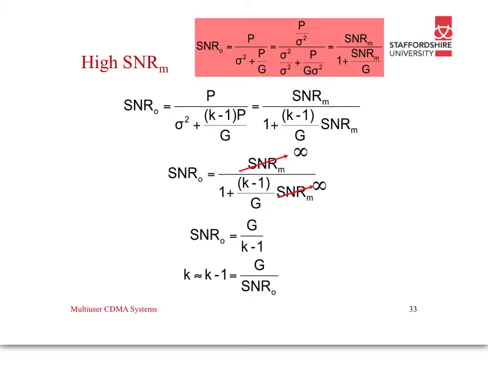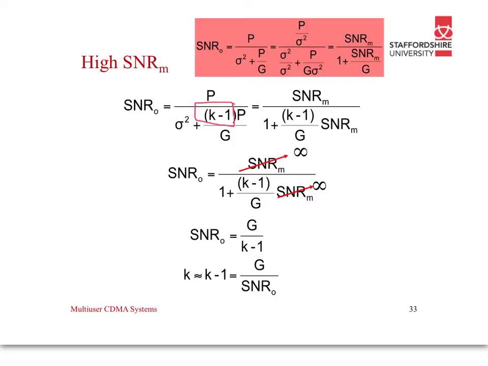The multiple access interference is now given by the number of users, K, take away 1. The reason it's take away 1 is because we're one of the users and we can't interfere with ourselves. So K minus 1 times P over G plus sigma squared, all divided by P, is the signal to noise ratio at the output.